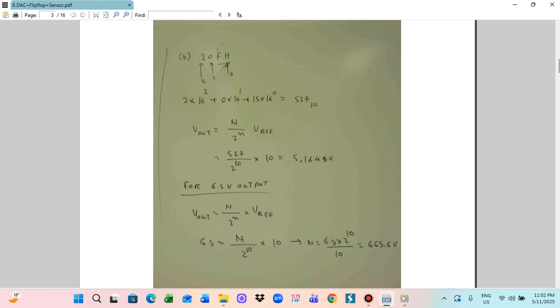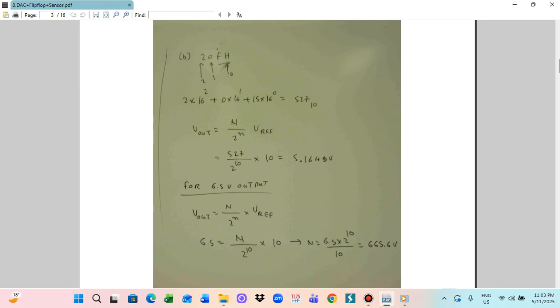Okay, now this is for this position here. Then we can also calculate what input is needed to get a 6.5 volt output. So in this case the output is 6.5 volt, and we have to calculate the digital number n. We use the equation V out is equal to n divided by 2 power n into V reference.